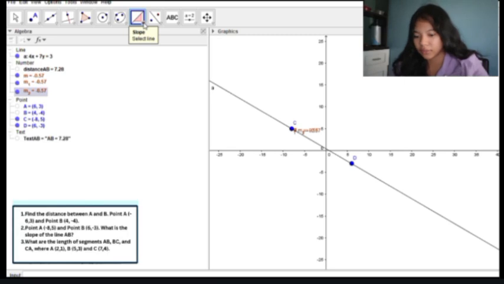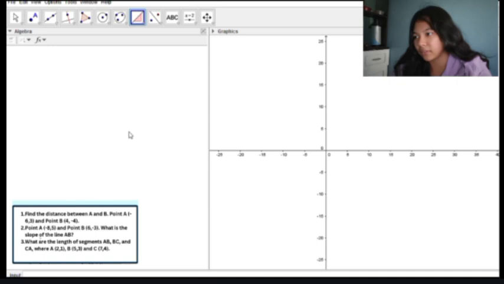So, for question number 3, what is the length of a segment? So, you need a segment, which will be (2, 1), (5, 3), (7, 4).